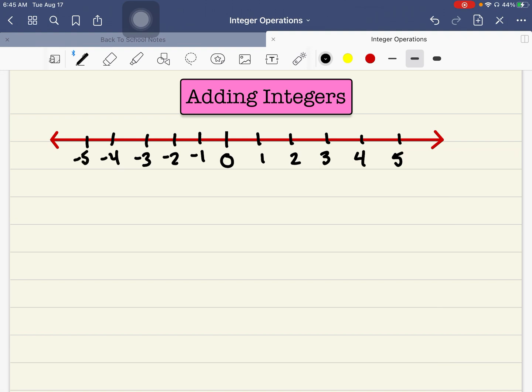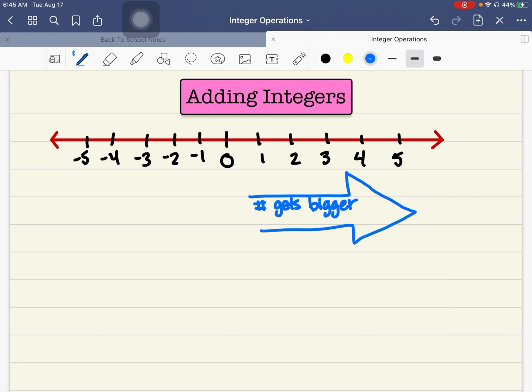So 0 is kind of our neutral point, but when we move to the right on a number line, starting from anywhere, the numbers get bigger. Okay, so their value gets larger.